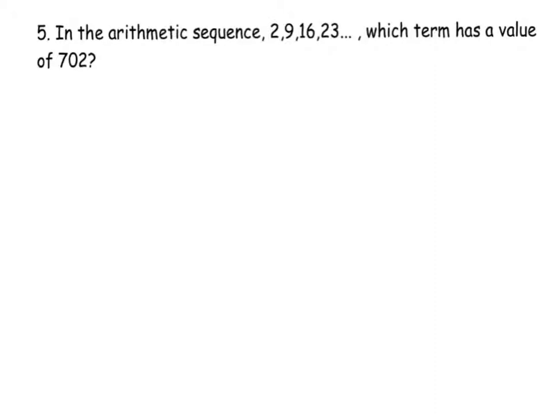In our next question, in this arithmetic sequence 2, 9, 16, and 23, which term has a value of 702? So the first thing I will do is construct a sequence. So I know that a1 is 2. I can find my common difference, which is 9 minus 2. So the common difference is going to equal 7.